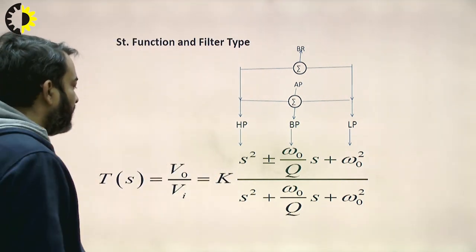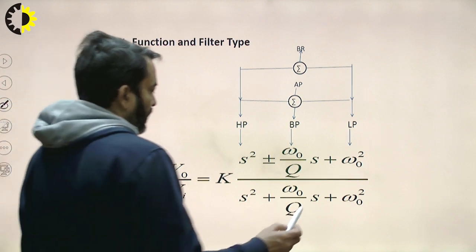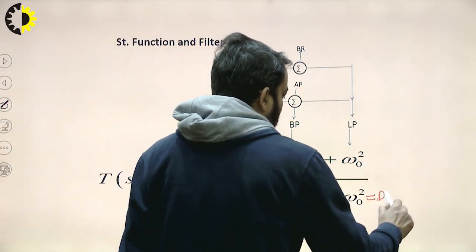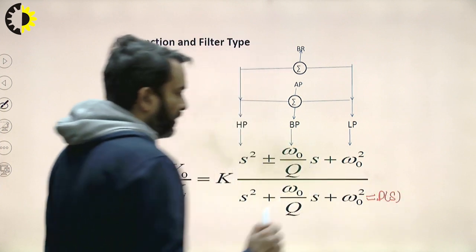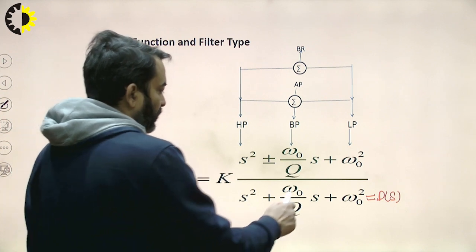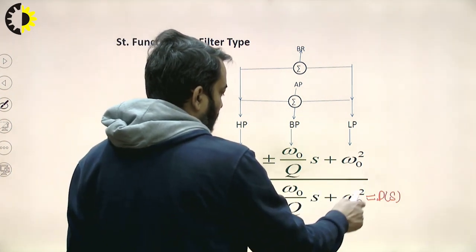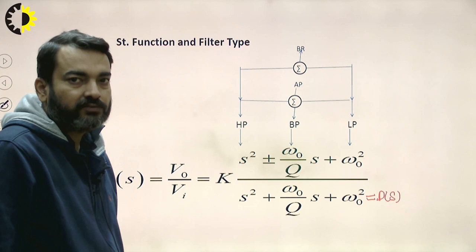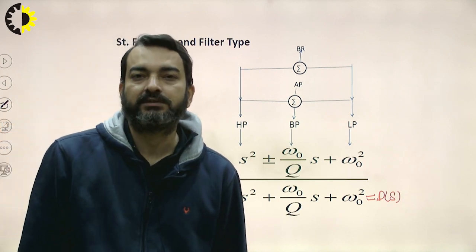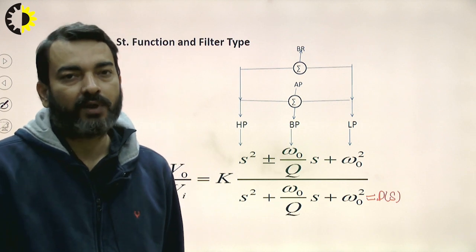So coming to the standard equation, first note that this is the denominator. Let's say this is the denominator function D(s). So this is s square plus omega naught by Q s plus omega naught square. This omega naught is nothing but the corner frequency or 3 dB frequency for low pass or high pass.